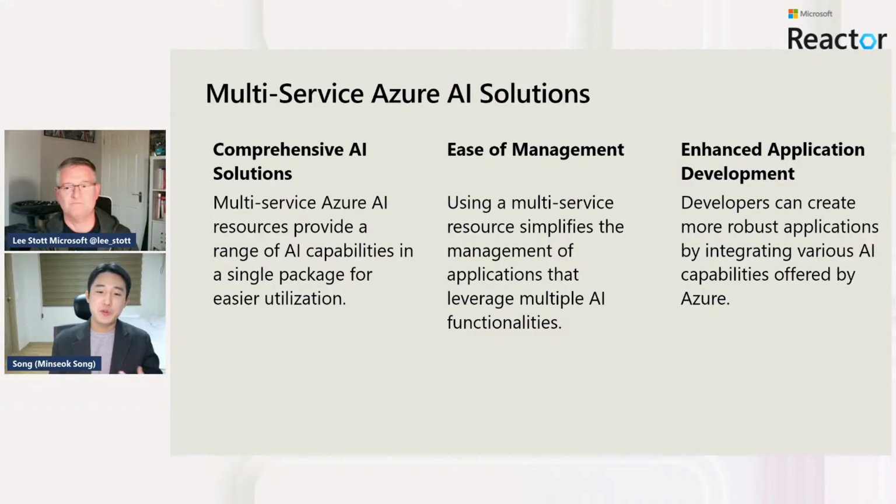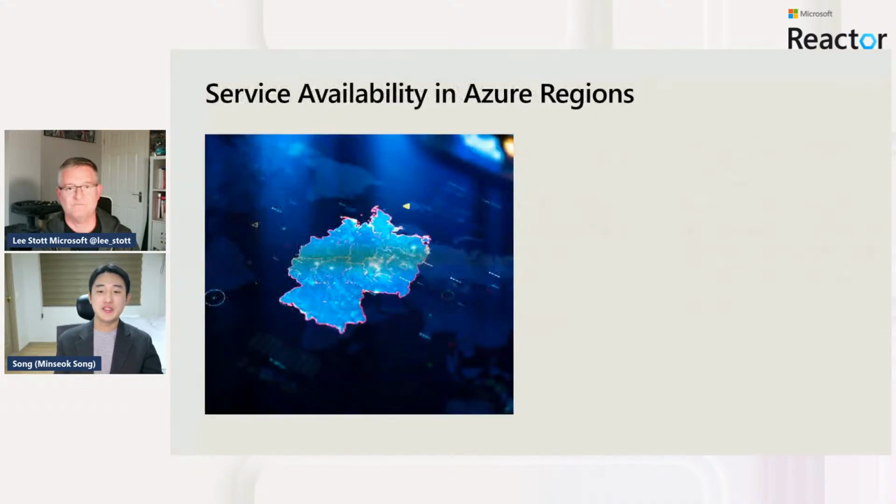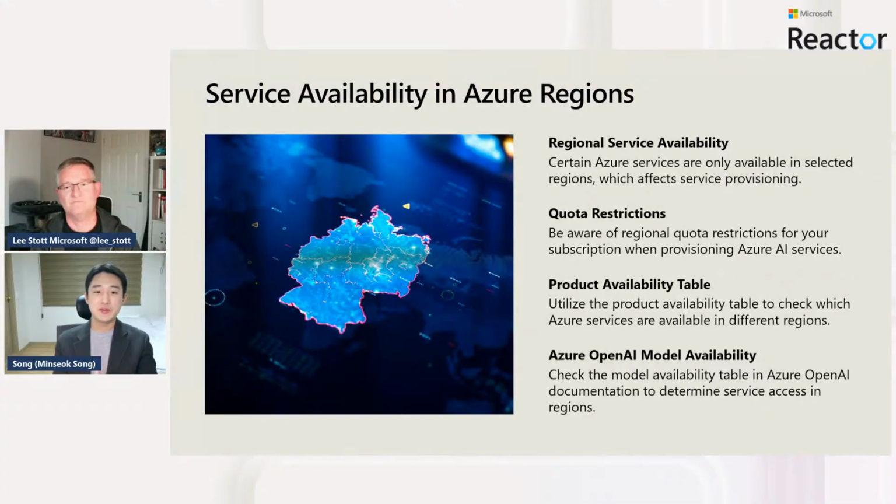So when you are working with Azure AI services, it's so important to understand that not all services are available in every region. Some features might be restricted to specific geographies, and that directly impacts how and where you can deploy your solutions. You also need to consider quota restrictions. Even if a service is available in a region, your subscription might have limitations on how many resources you can provision there.